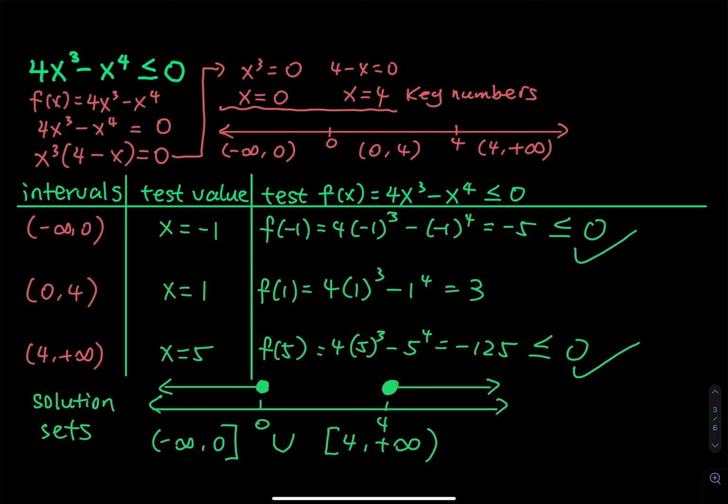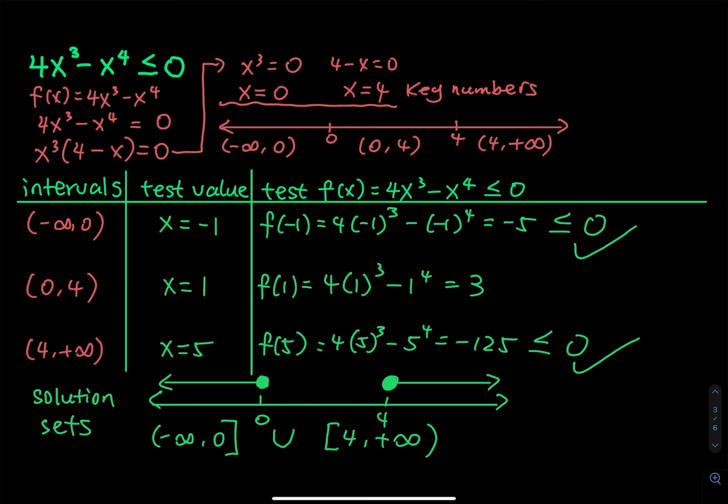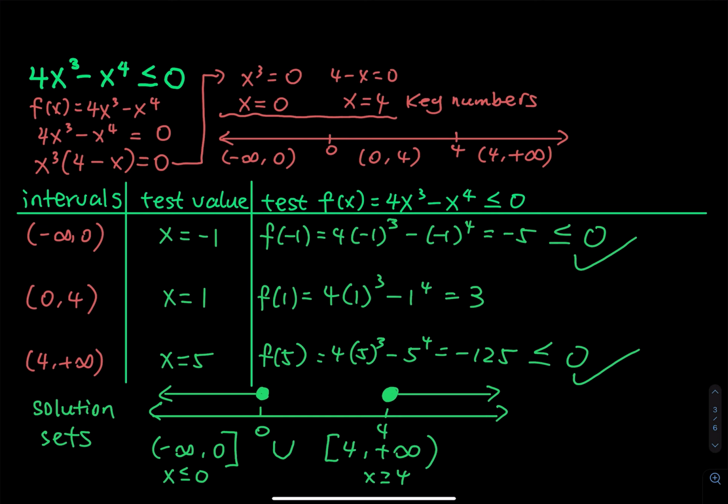What else do we have to write? You can put this in inequality: x less than or equal to 0, x greater than or equal to 4, depending on what the textbook is looking for. In my class, I always ask students to do all of them: the number line, the interval, and the inequality.